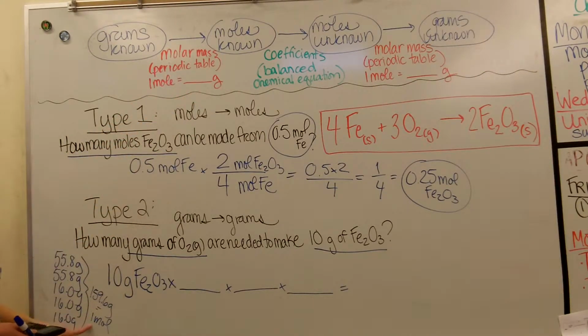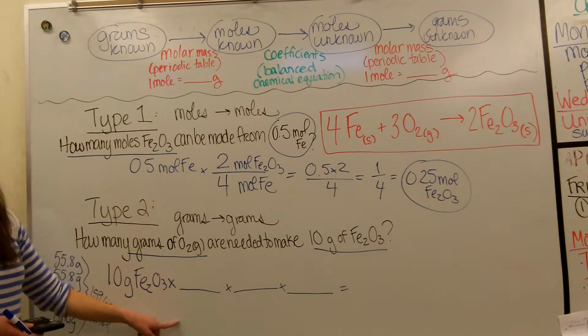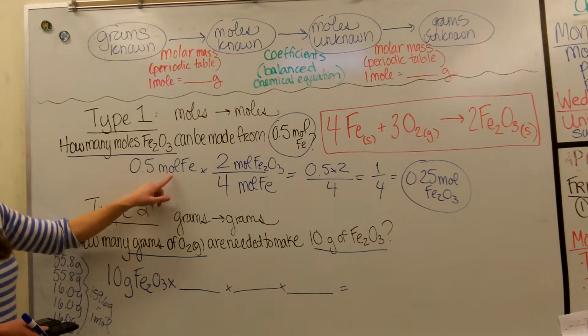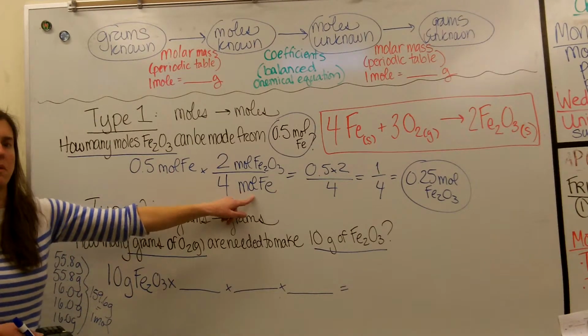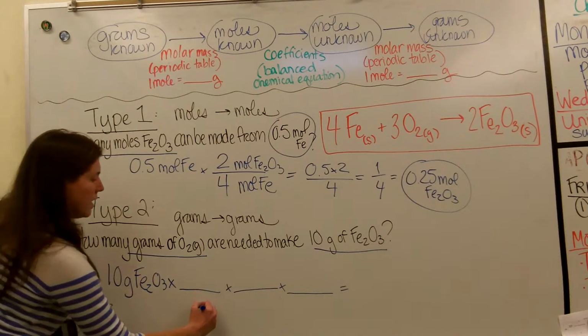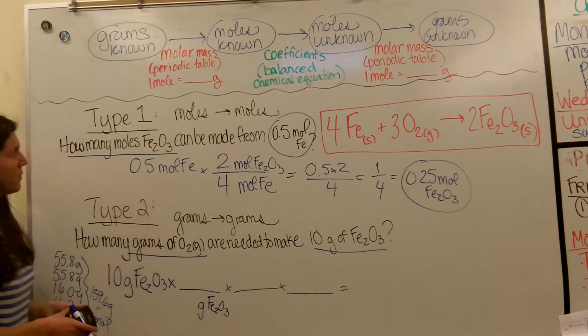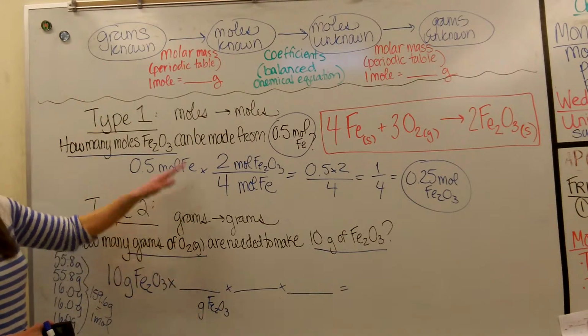So here's my ratio. 1 mole of iron oxide weighs 159.6 grams. Now, how do I set up this fraction? If you remember, the units that we have should go on the bottom of the fraction. So since we're starting with grams Fe2O3, on the bottom I should have grams Fe2O3. And on the top should be whatever I want.